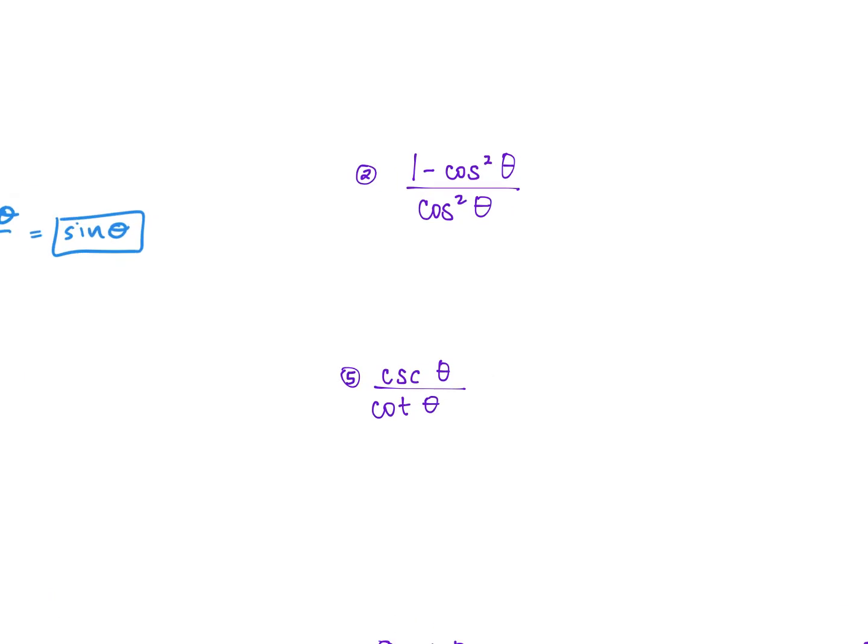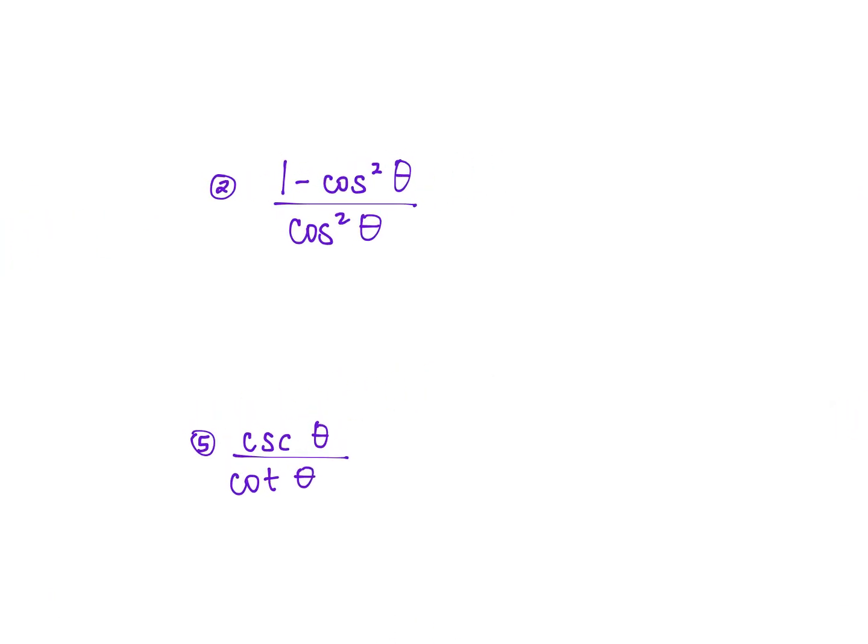All right, looking at number 2. What can I do here? Awesome. 1 minus cosine squared is one of my identities. So this is sine squared. So remember, sine squared plus cosine squared equals 1. So anytime you see a 1 with a squared trig function, you're most likely going to use one of your identities.